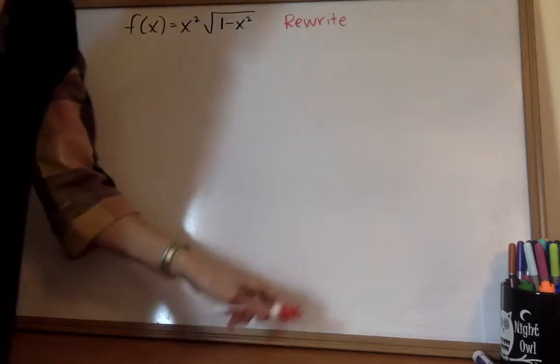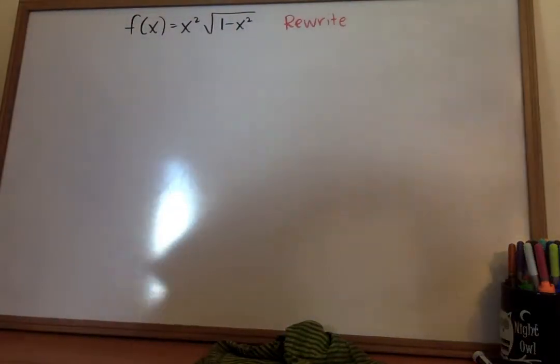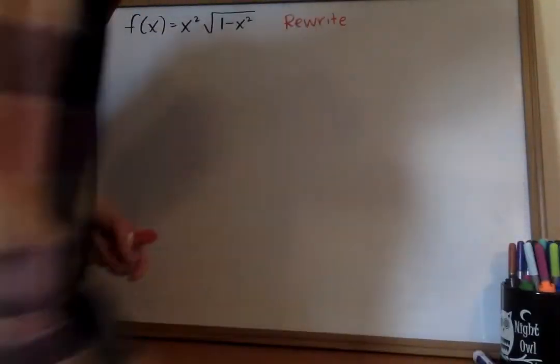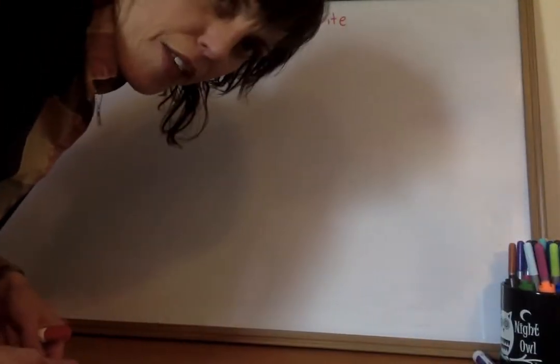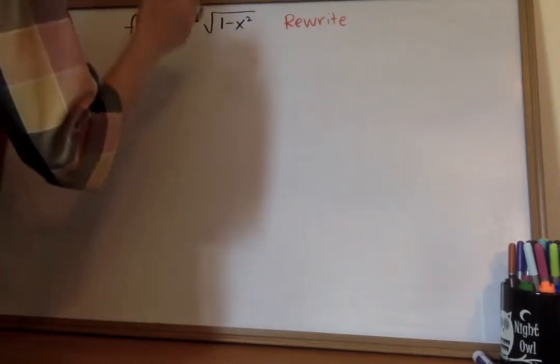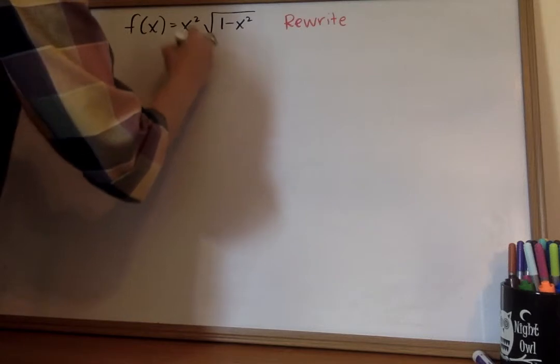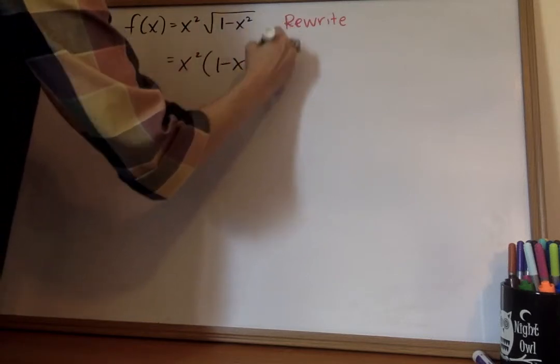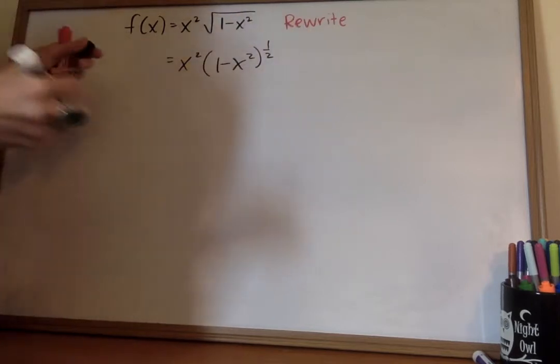The first thing that we're going to do is rewrite this function so that we have exponents instead of the radical. So I'm going to rewrite as x squared times (1 minus x squared) to the 1/2 power.